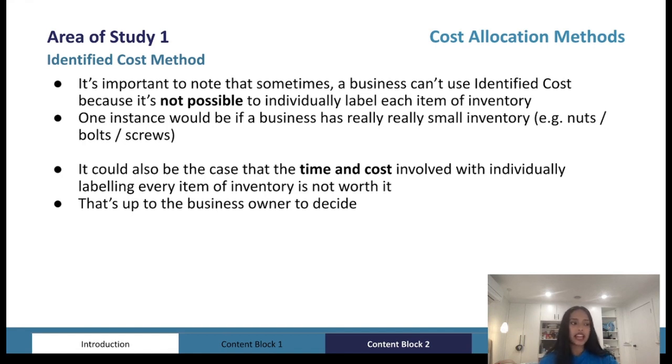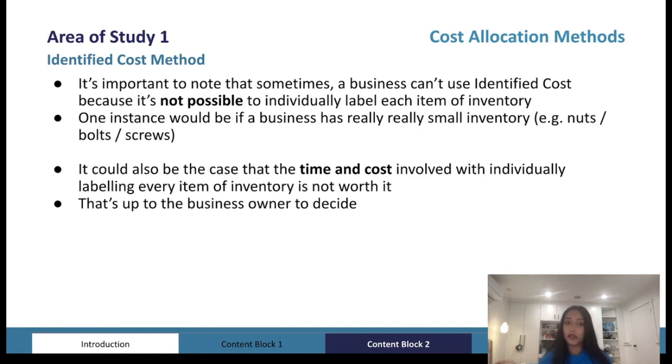So at the end of the day, it ultimately is up to the business owner whether they think identified cost is worth implementing. Sometimes a business really shouldn't be using identified cost because it's taking them hours and hours and hours to individually label every single item of inventory.